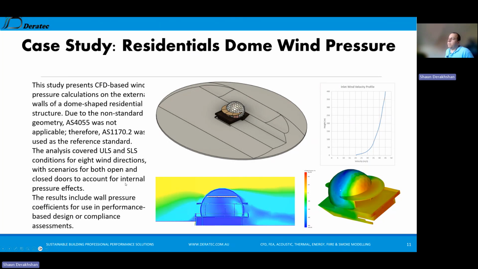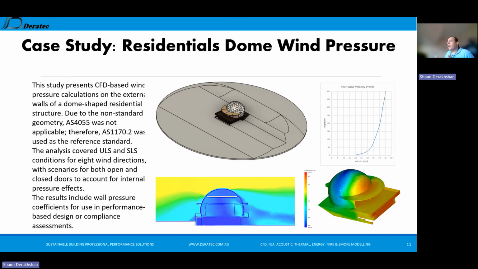Also wind tunnel can help, but wind tunnel is expensive. Wind tunnel can't give you this lovely picture, the visual things you can see. Optimizing is not easy because when you change your geometry, again you need to do everything from the start, but in CFD it is easy.